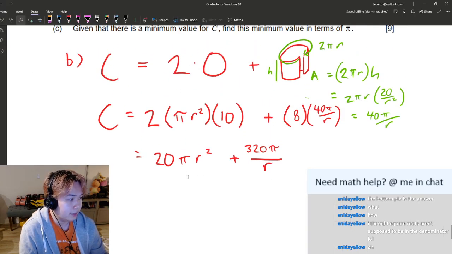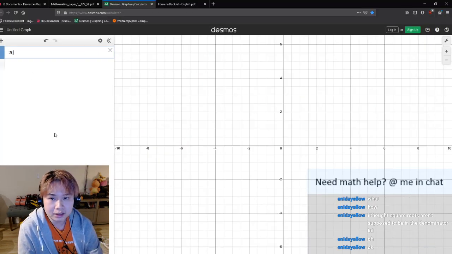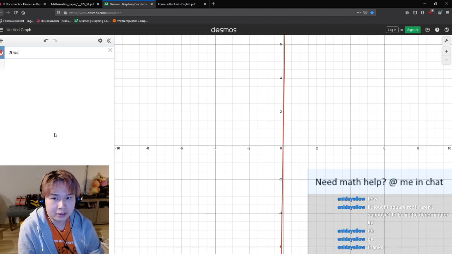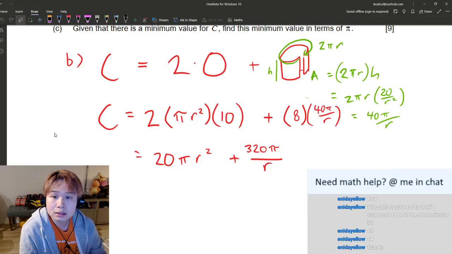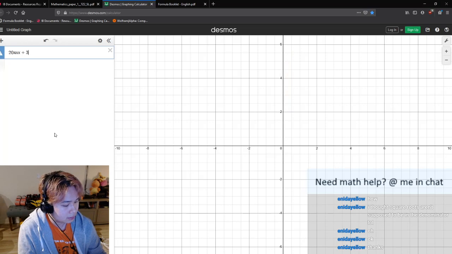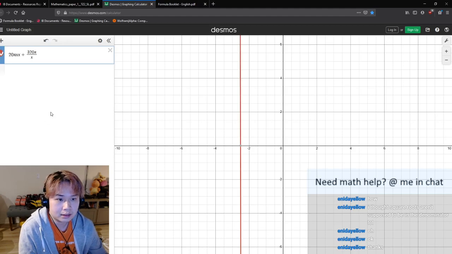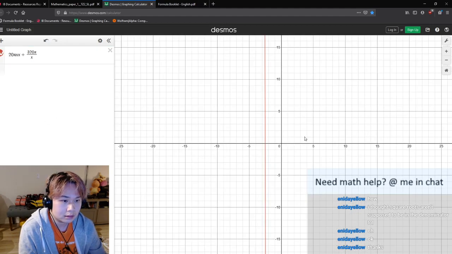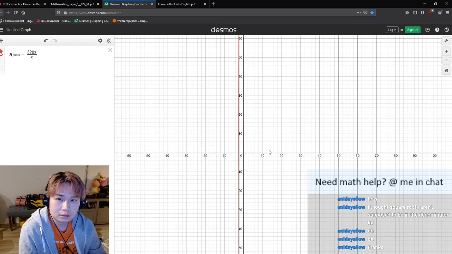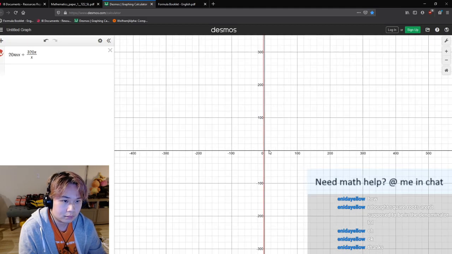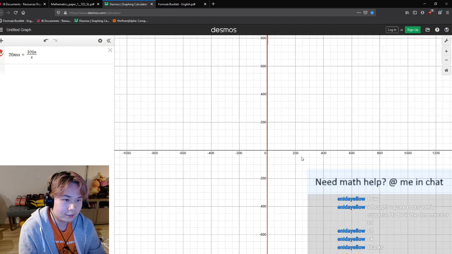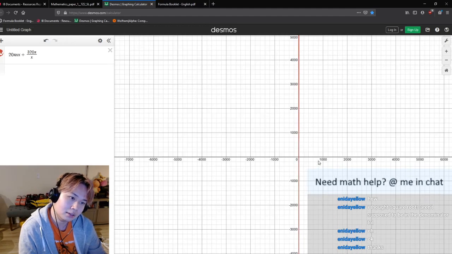Okay, so I'm gonna graph this then. So this is 20 pi and then r squared, which I'm gonna call x, plus 320 pi over x. And then this graph looks not so nice.